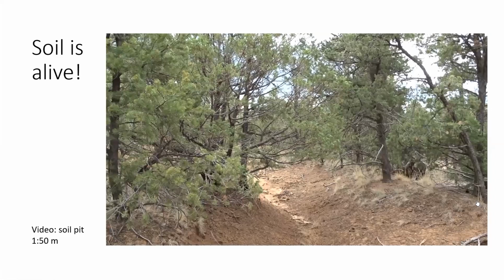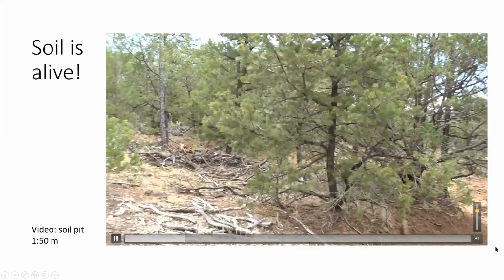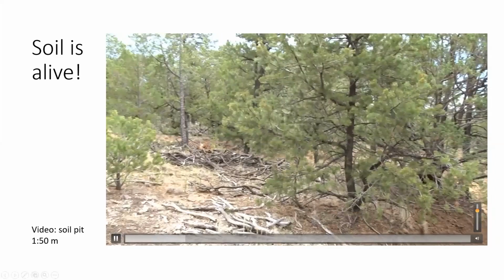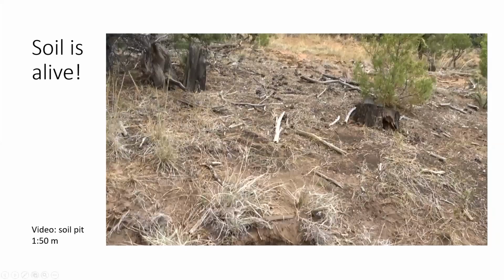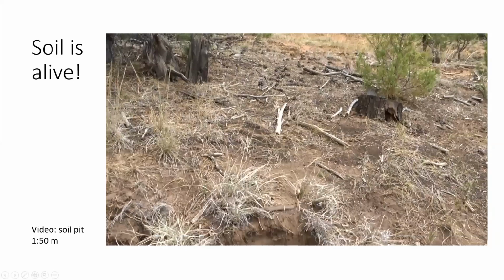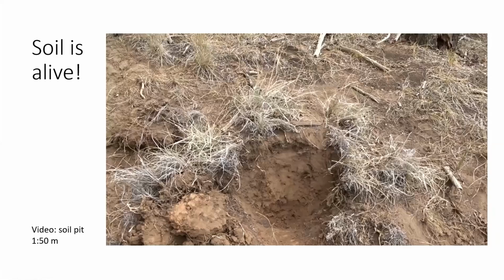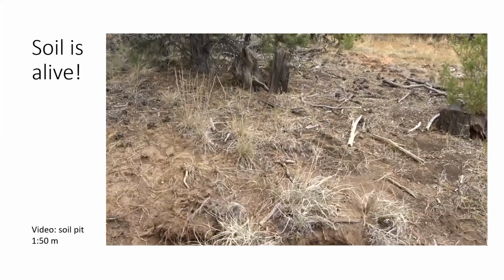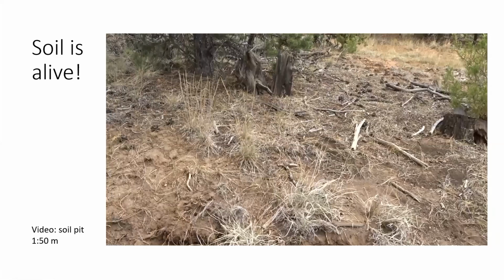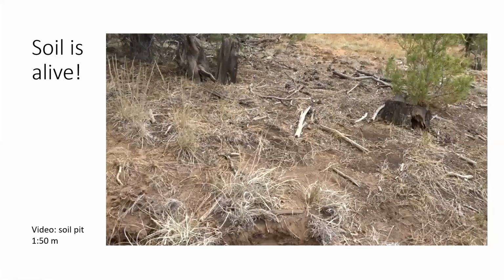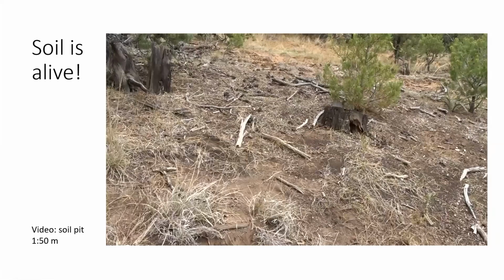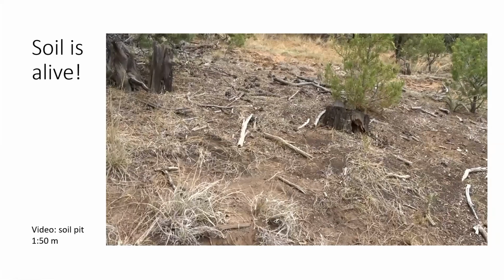This gives us the opportunity to look at a little soil profile in a soil pit here at the edge under some native grass. The soil cover consists of plant litter, decomposed plant litter, which is all the black organic matter that you see in between the grasses and the sticks.